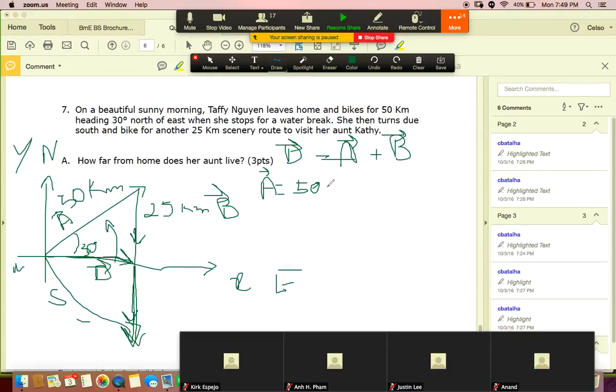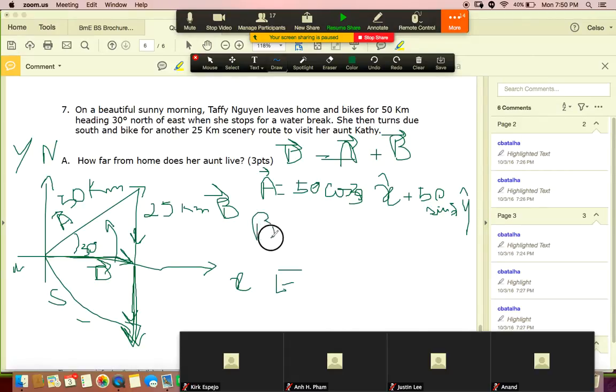So A projected in X is 50 cosine of 30 in the X direction, plus 50 sine of 30 in the Y direction.